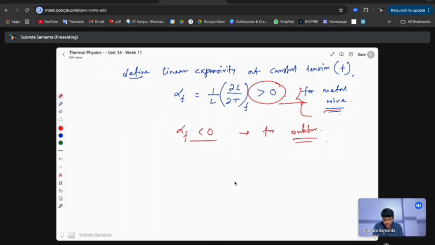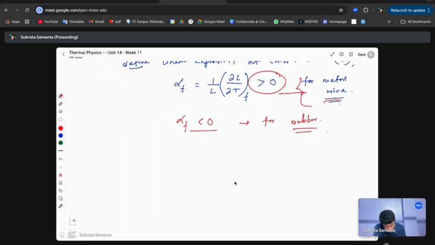Now, what is the first law of thermodynamics in the case of an elastic rod?